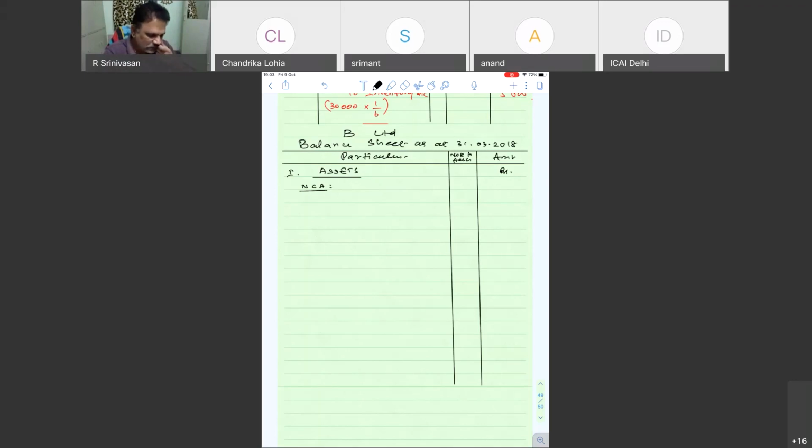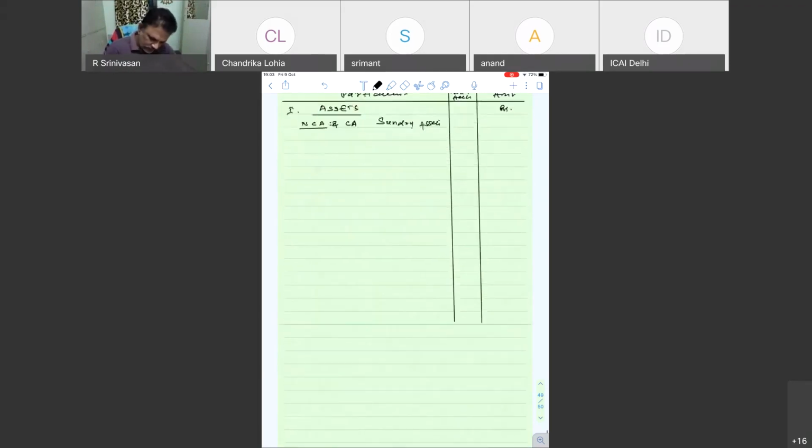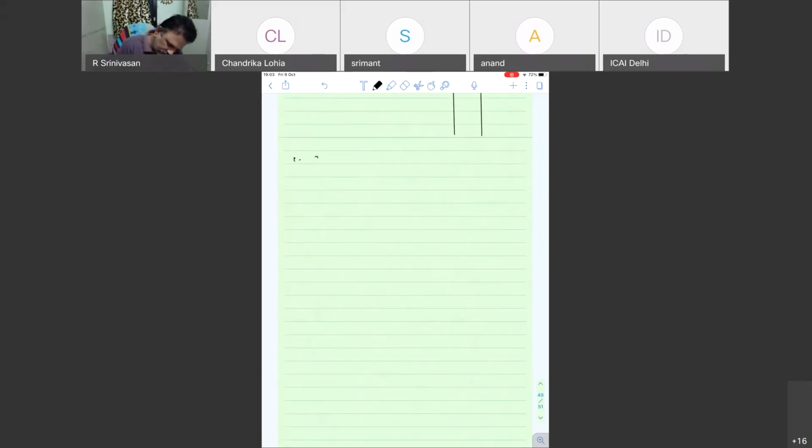That's assets and the current assets. So how much is the value of the assets? B Limited, how much is the asset? B Limited, 3,50,000.